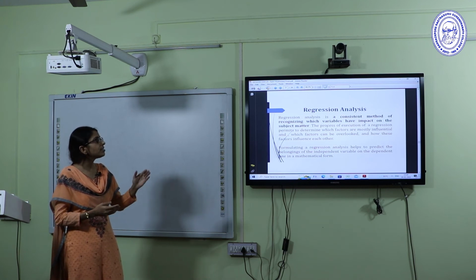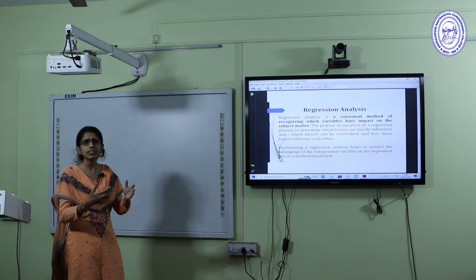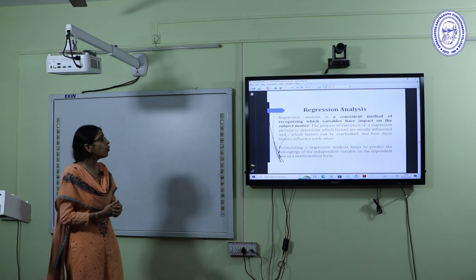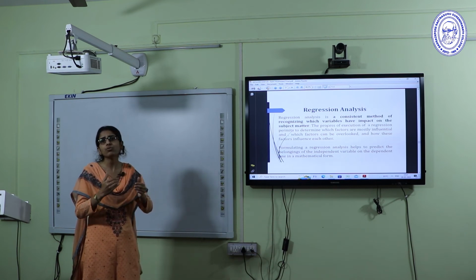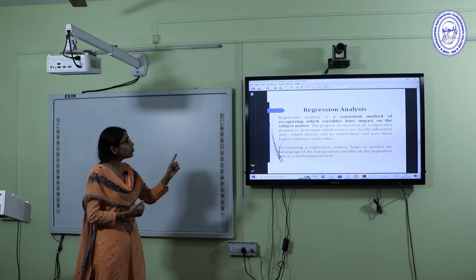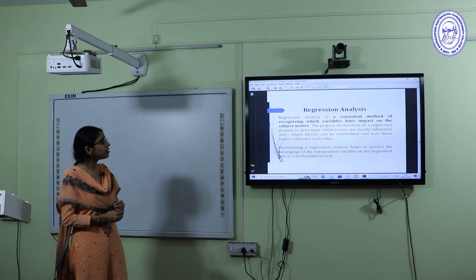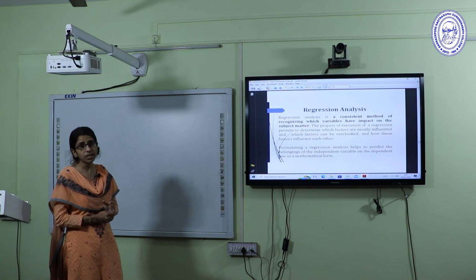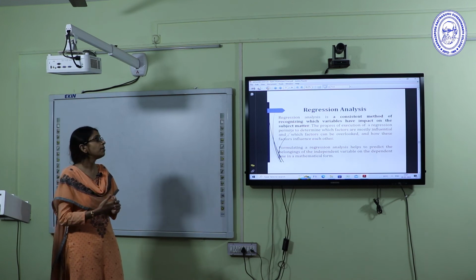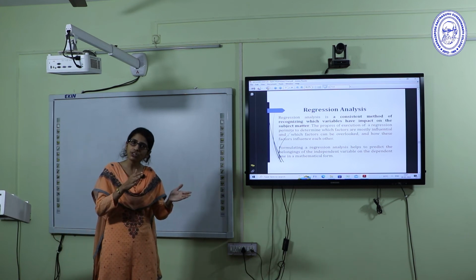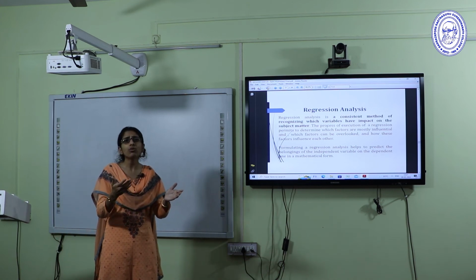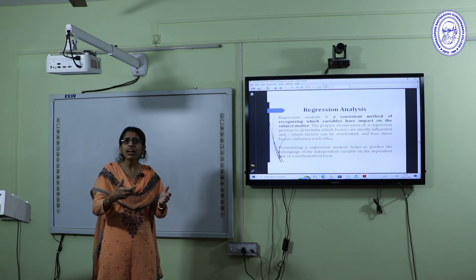Regression analysis is a very convenient and consistent method of recognizing which variables are important and which ones are not so important. So the process of executing a regression permits us to determine which are the most influential factors and which are not so important that we can remove or overlook them.